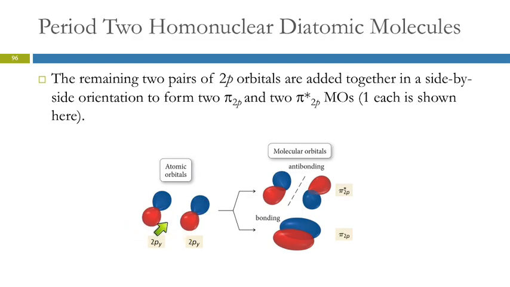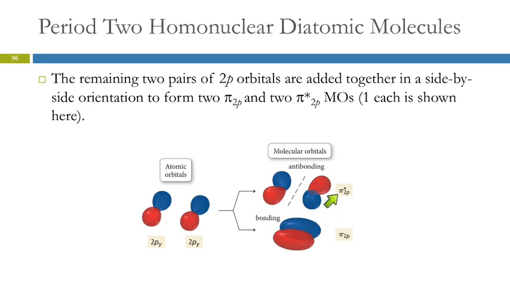And when these overlap, they're going to add side by side, just like we made the pi bonds in valence bond theory. So we can add these 2 together and get a bonding orbital, which has density here and there, and this density here is between the atoms. Or we can add these out of phase, subtracting them, destructive interference, and we get a big node between the atoms and electron density on either side. This is going to be a star, an antibonding, and this will be a bonding orbital.